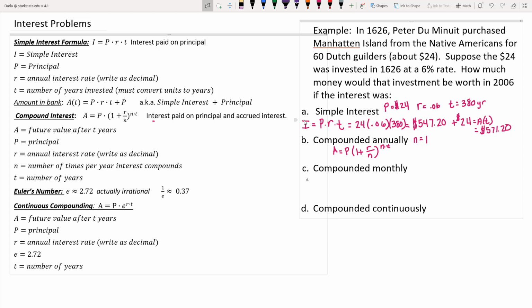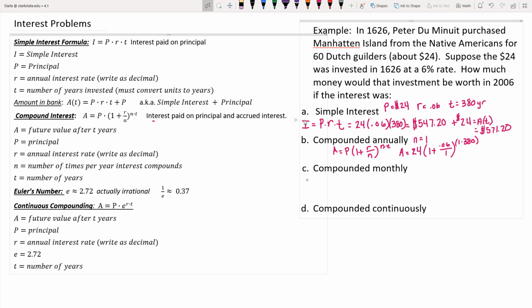So I'm going to go ahead and rewrite this formula but replace the values now. The principal is 24, and then 1 plus our rate is 0.06. Our n is 1. And then raised to the 1 times our t is 380.